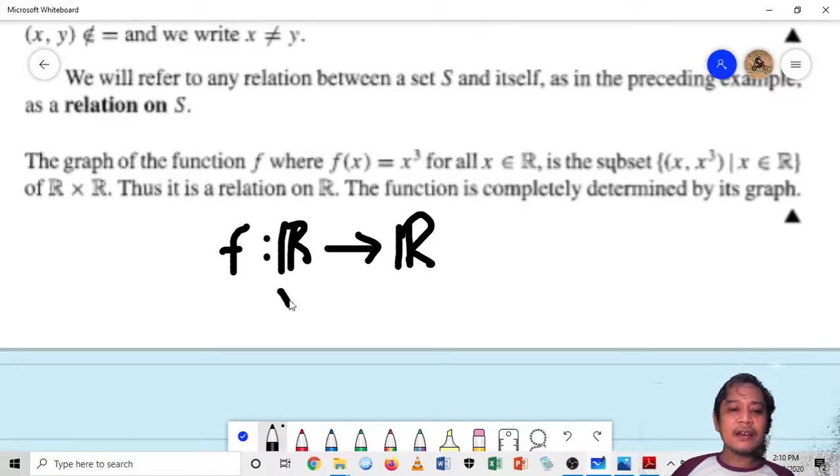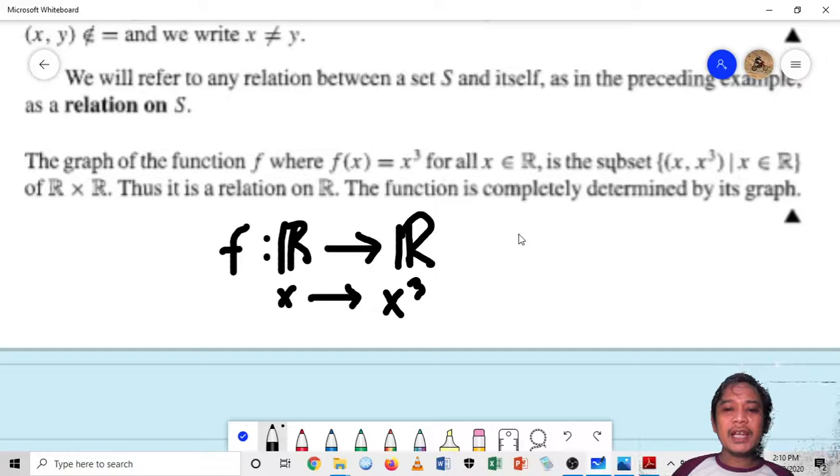So x in R is being paired with x cubed. And since x is a real number, x times x times x would also be a real number, meaning x cubed can also be found in R. So in this definition of the function, f pairs x with x cubed.